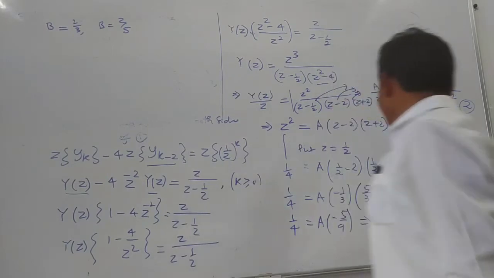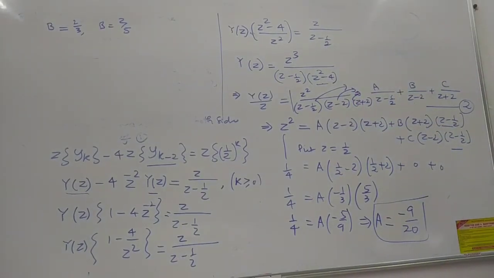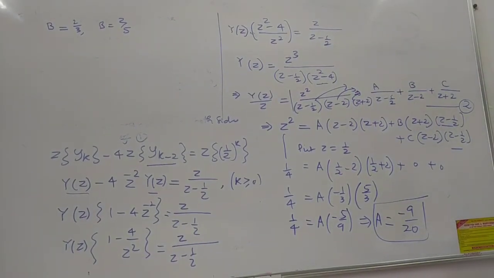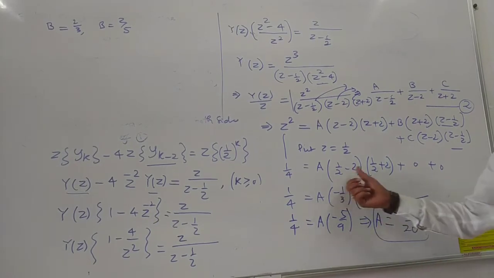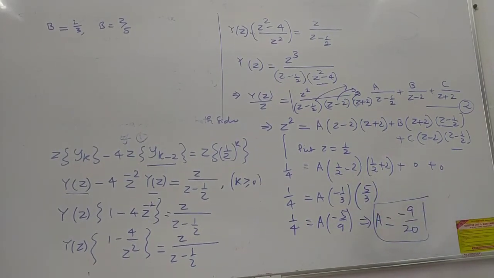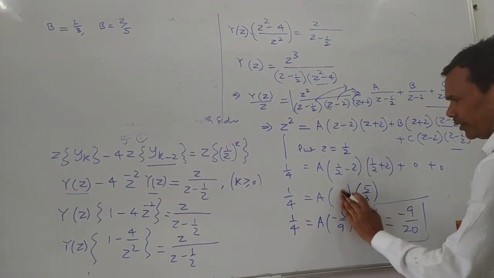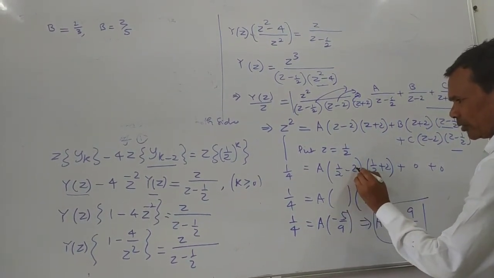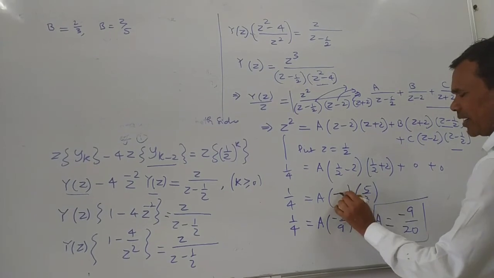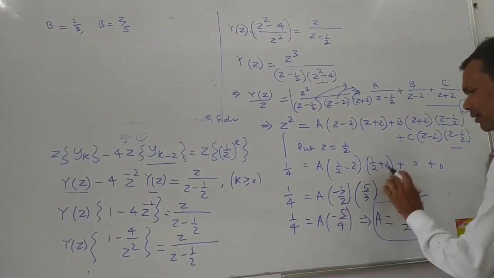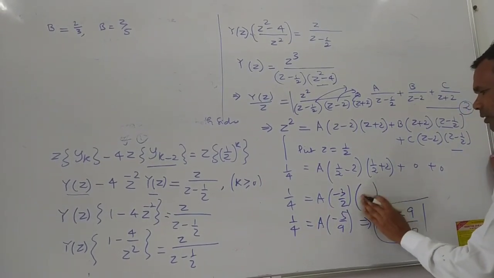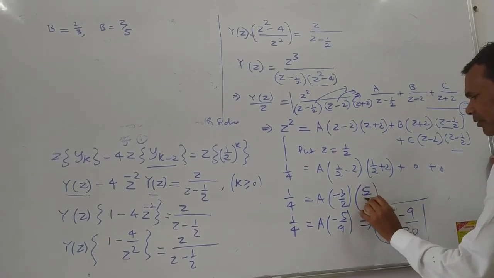Now substituting these values there, minus 3 by 2 here, sorry, this would be minus 4 and minus 3 by 2, and this value is 5 by 2 here.